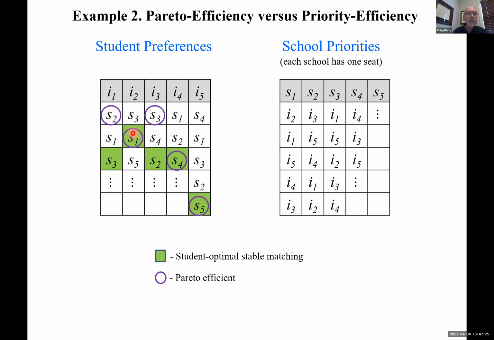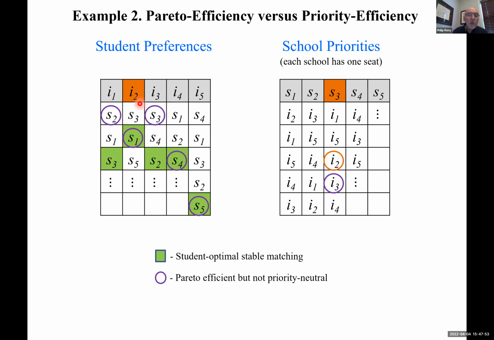Student 2 is assigned to school 1, would prefer to be at school 3. So who is at school 3? Student 3 is at school 3. So let's look at school 3's priority ranking. Notice that here's student 3, here's student 2. Indeed, student 2 has priority over student 3 at school 3.